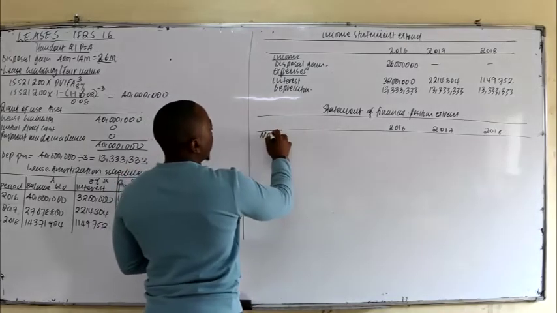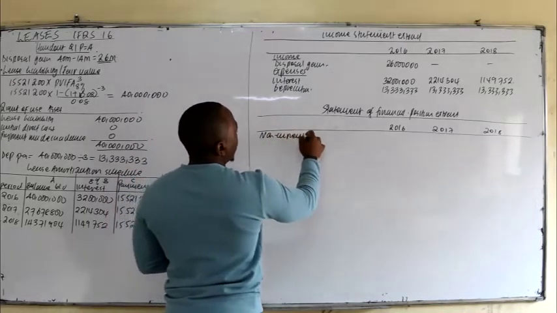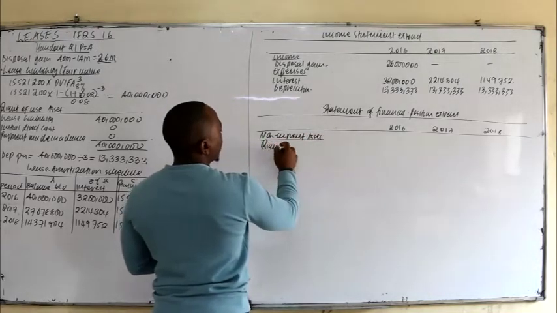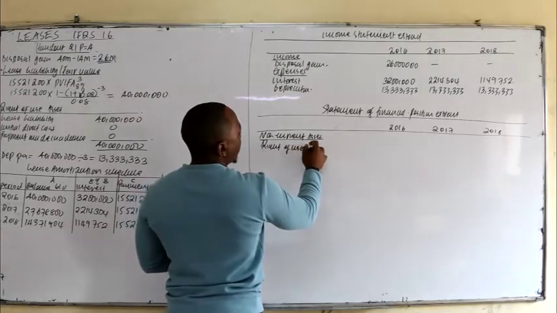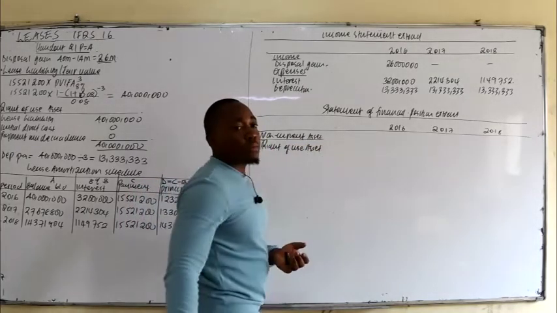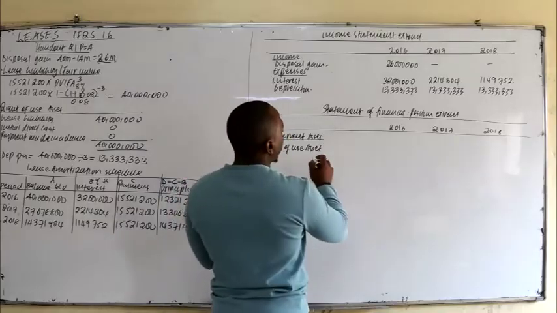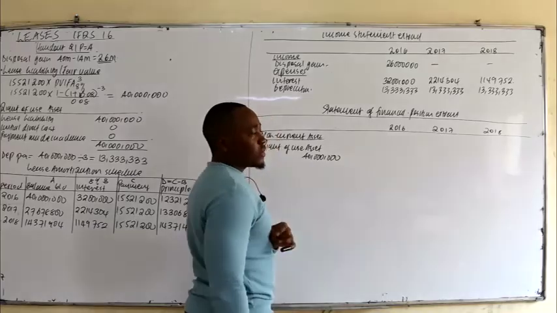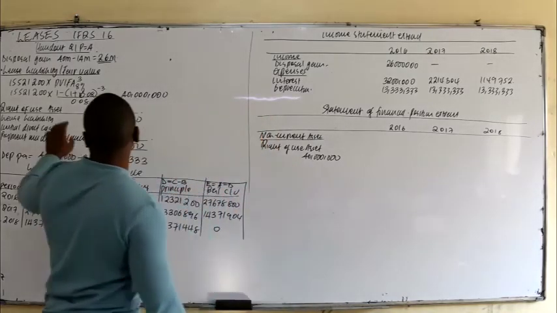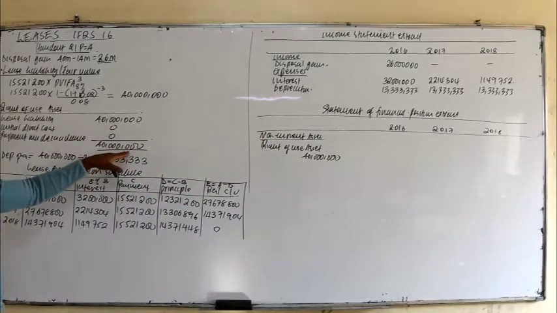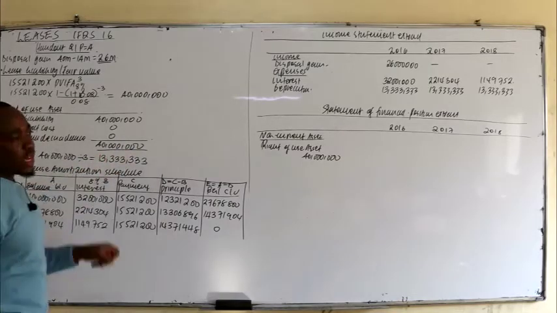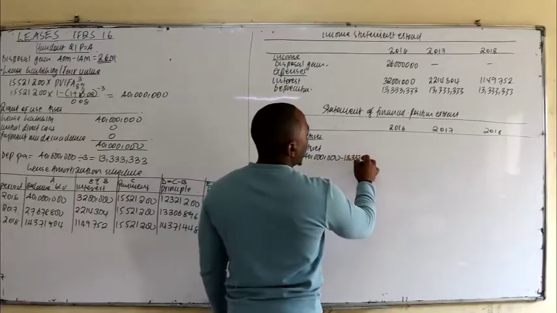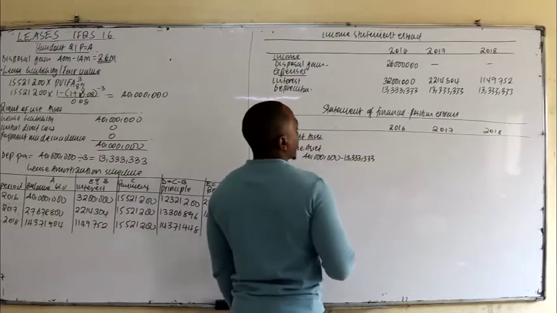So to the non-current asset, we'll have right of use asset. How much was the right of use asset? It was 40, correct. We need to depreciate this asset. This was initial recognition, which was 40. Then during the year, we charge depreciation of 13 million. So you minus depreciation, 13,333,333, and you get 20.